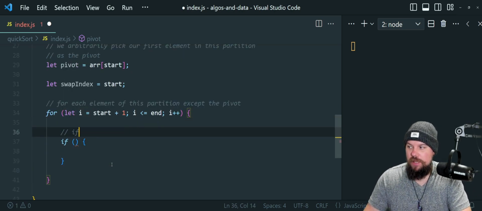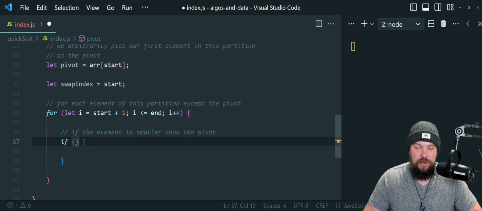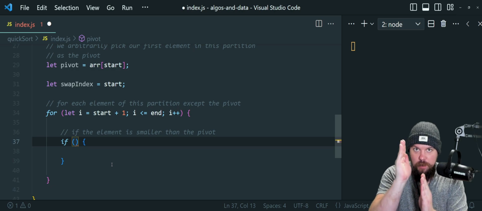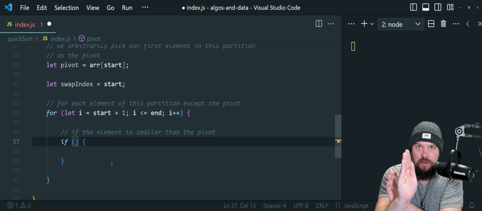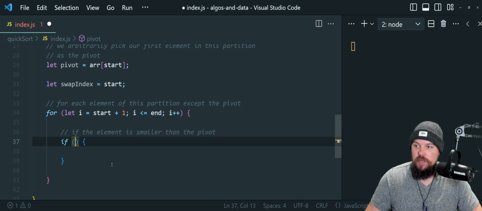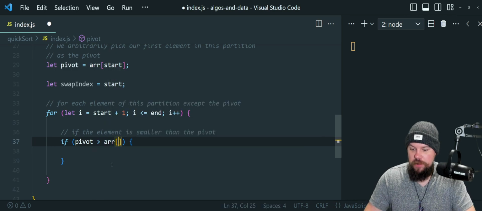Make a condition. If the element is smaller than the pivot. Remember, that is our prime question. If the element we're looking at is smaller than our pivot, we swap and also say, hey, our swap index moved up 1. So I will say, if the pivot is bigger than our element, right?